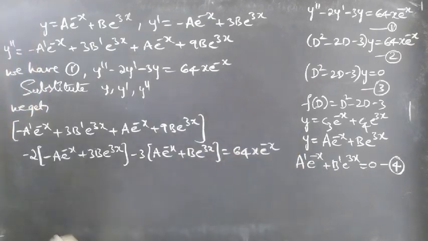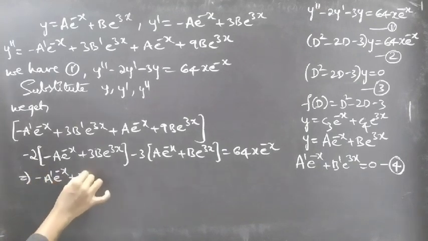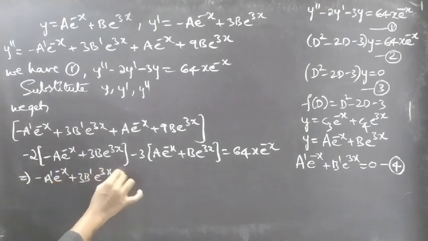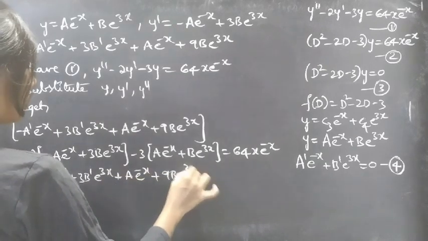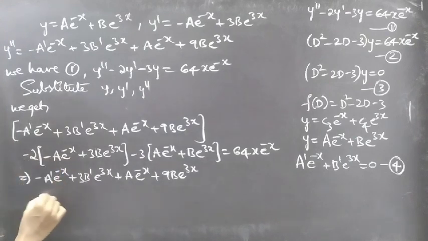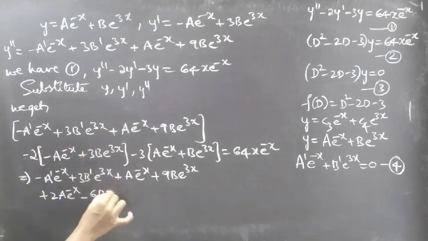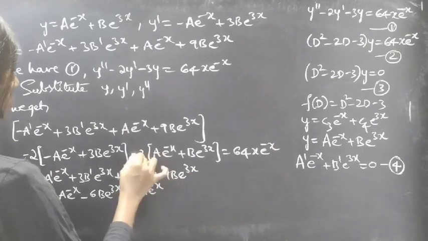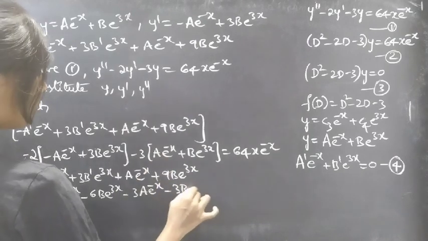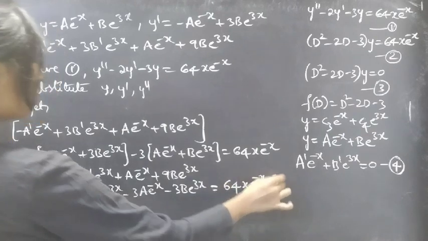e^(-x). This gives us minus a' e^(-x) plus 3b' e^(3x) plus a e^(-x) plus 9b e^(3x), minus into minus plus 2a e^(-x), minus into plus minus 2 3s are 6b e^(3x), minus 3a e^(-x), minus into plus minus 3b e^(3x) equal to 64x e^(-x).